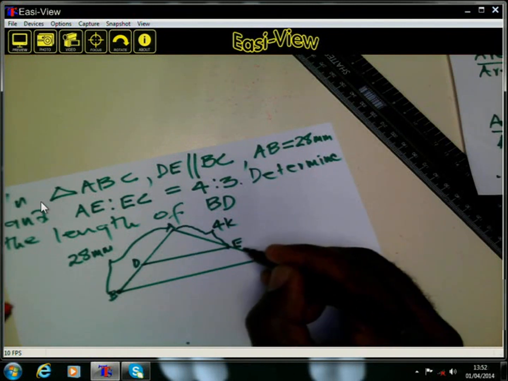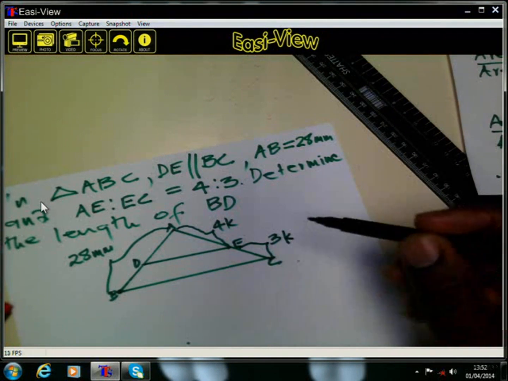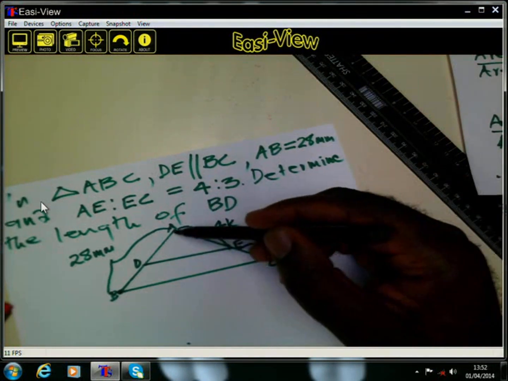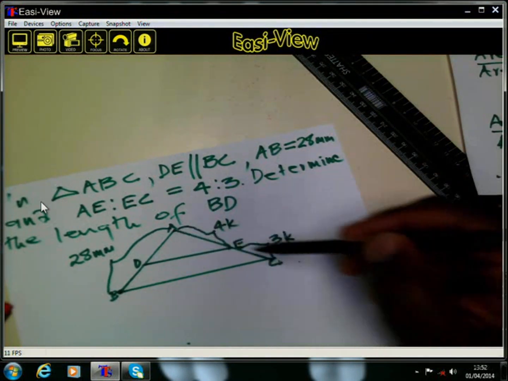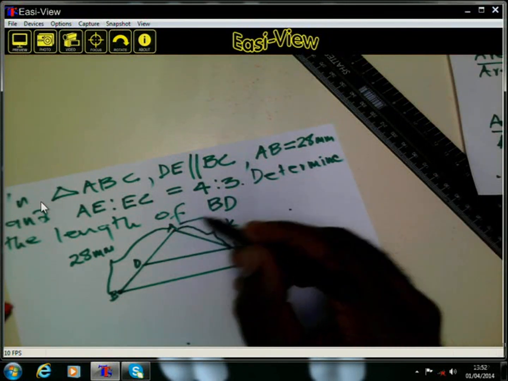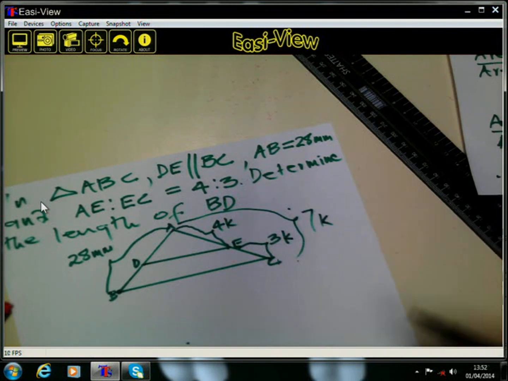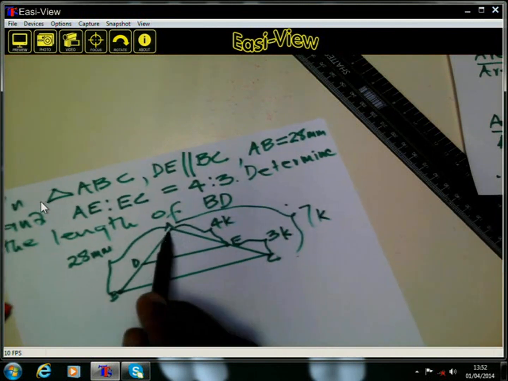EC will be 3 units. This will be 3K. Such that when you look at the whole side AC, it must give you 7 units long. That is from here to here.